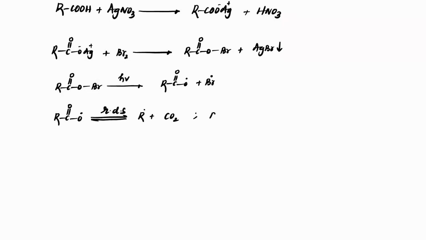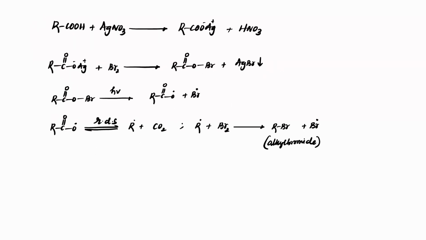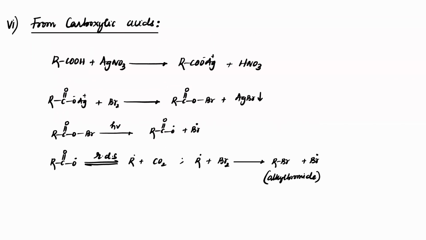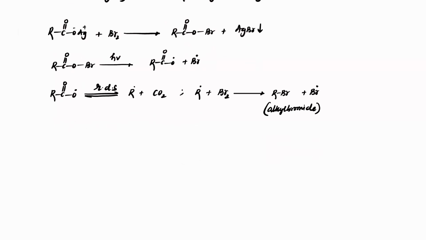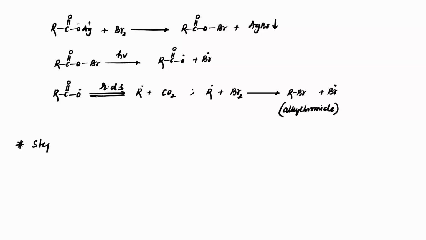Finally, when you have R dot plus Br2, that will convert into RBr plus Br dot again. So we'll get this as alkyl bromide. The reaction would happen in a very similar way for chlorine and bromine also. Correct. So the point to be noted here is that this is a step down reaction.